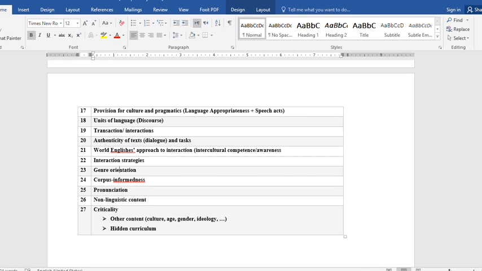If you're reading a narrative text, it is different from studying an argumentative text. So they belong to different genres. So it should be genre-oriented, because by genre-oriented, we know that in this genre, for these purposes and functions, these features are used.